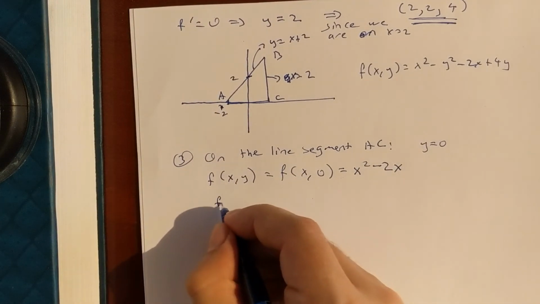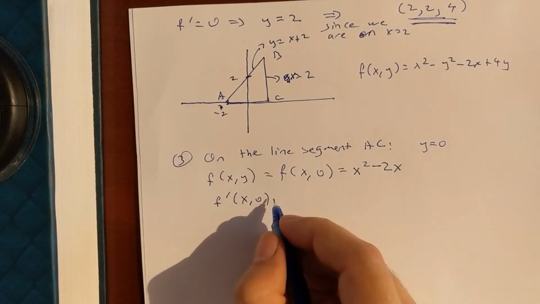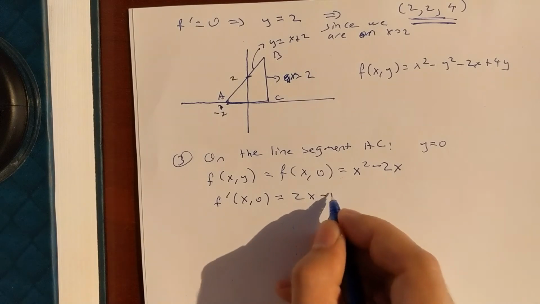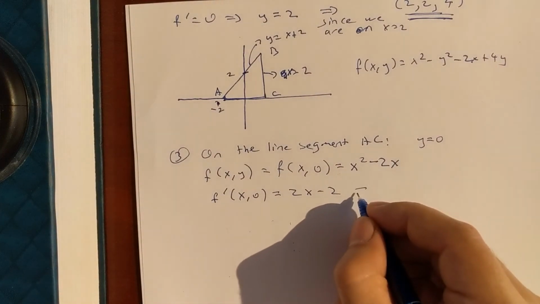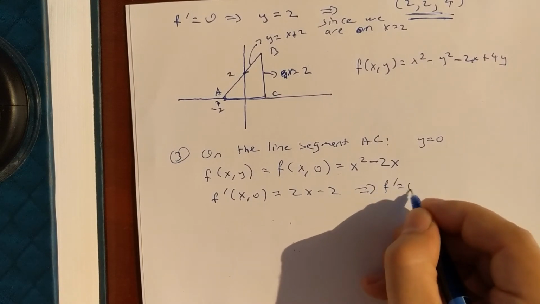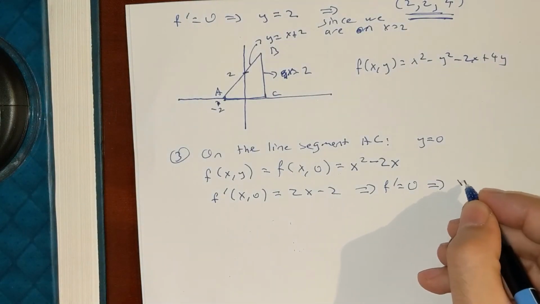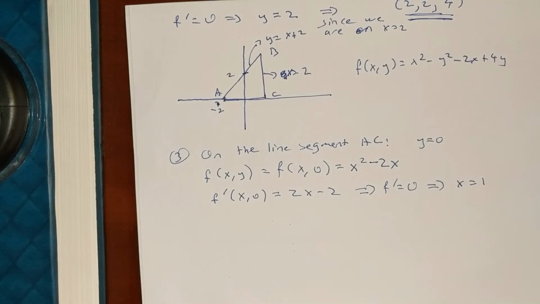Setting the derivative equal to 0 means we have 2x minus 2 is equal to 0. So f prime is 0 when x is equal to 1.